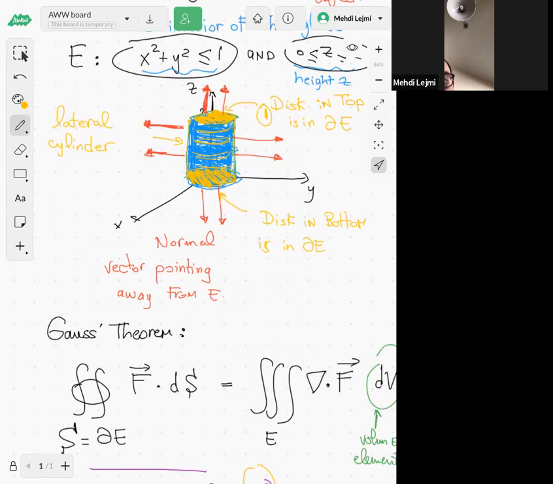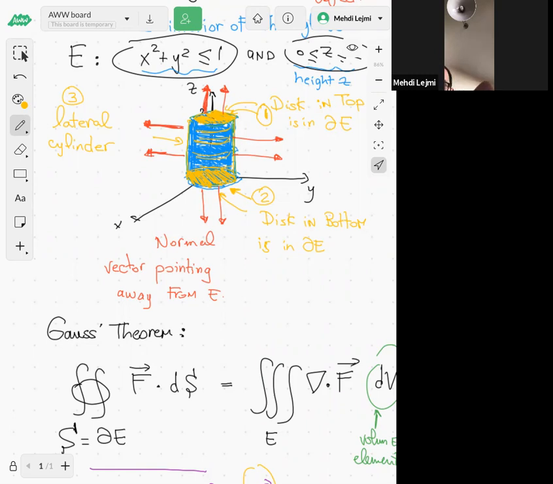That's the first piece of the boundary. The second piece of the boundary is the bottom of the cylinder. And the third piece is the lateral cylinder, just your cylinder surface surrounding your solid E. So we have 3 pieces, and we have to parameterize all of these pieces.